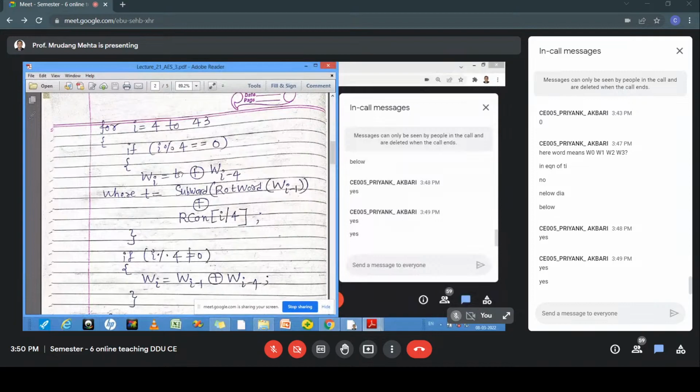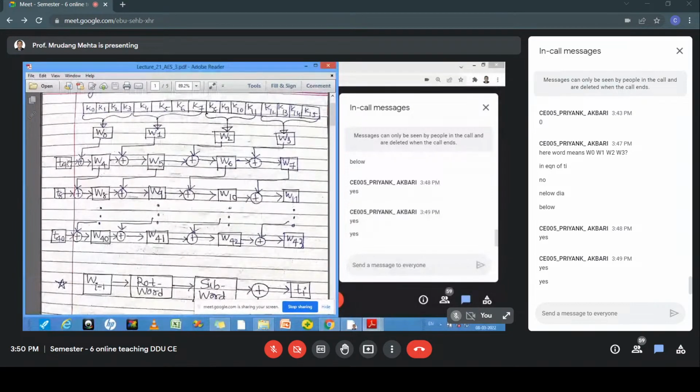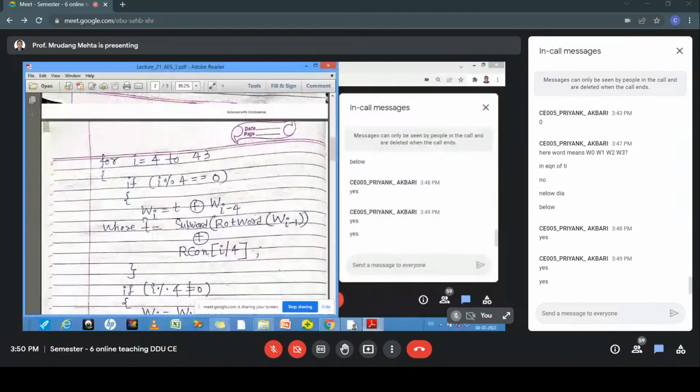And here it is T4, so T4 and W0. For i equal to 8, 8 mod 4 equal to 0. So W8 equal to T8 XOR W(8-4).